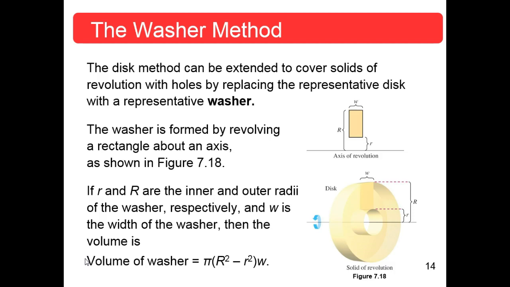Now, if that's not making a lot of sense to you, think of it this way. Extend that rectangle on down here, and you have a pi r squared W, just like we did before, right? And then you're going to subtract out this part right here, so minus pi little r squared W. And then the pi and the W are the common terms, so it's the difference of the two radii.